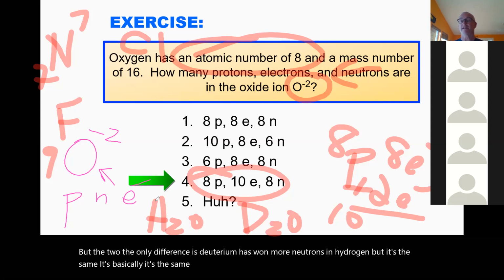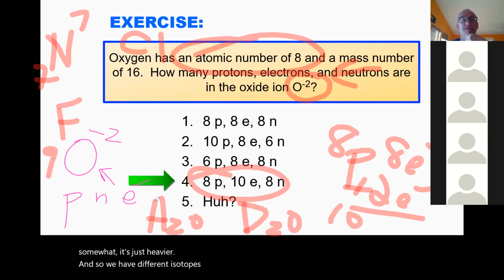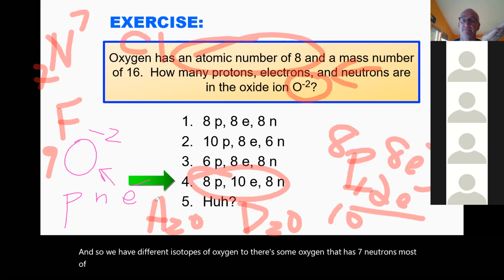Both make water because it's still hydrogen. It's just heavier. And so we have different isotopes of oxygen too. There's some oxygen that has 7 neutrons, most of it has 8 neutrons, and some has 9. But they all have the same number of protons.